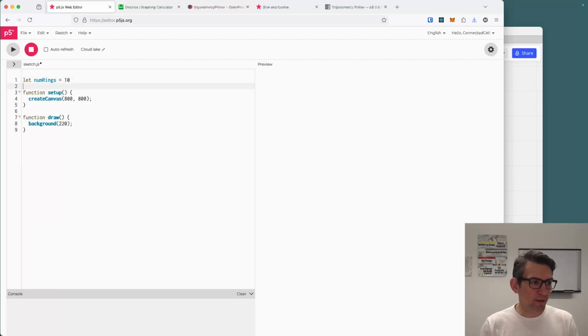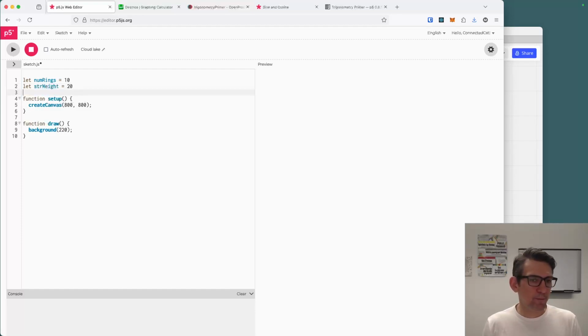We're going to have 10 rings, and each ring is going to be 20 pixels in thickness, right? So I'm going to say let stroke weight be 20 pixels, right?